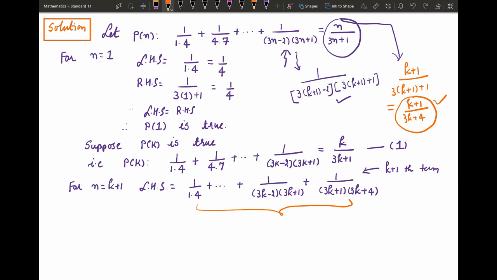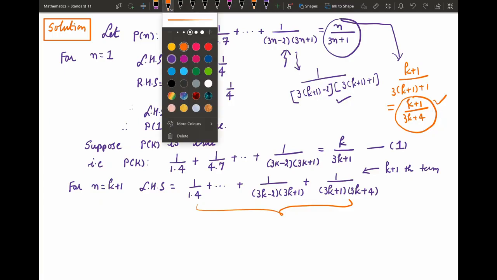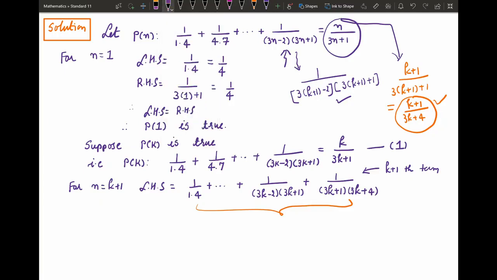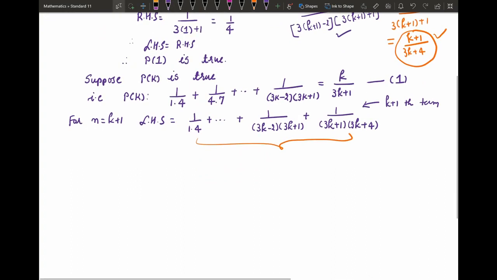So for the sum of first k plus 1 terms, one has to prove its value is k plus 1 upon 3k plus 4. To prove this we use result 1 because we have assumed the result is true for n equal to k.